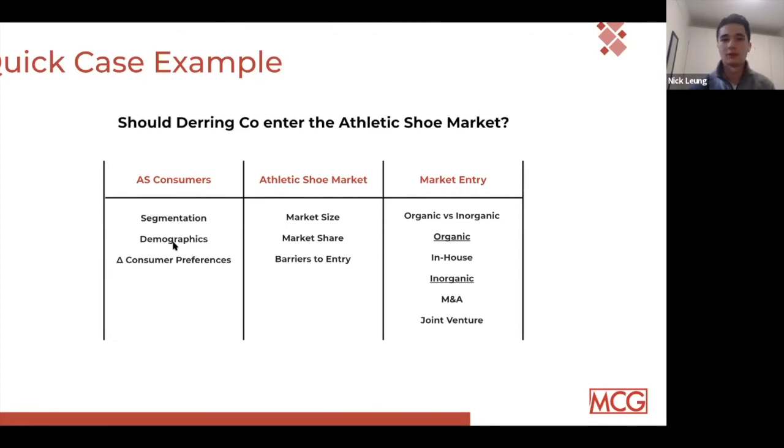There are many different types of athletic shoes: tennis shoes, running shoes, basketball shoes. You could figure out how the market is segmented in that way, and also what types of consumers go towards those markets. Does that make sense? Okay, thank you.